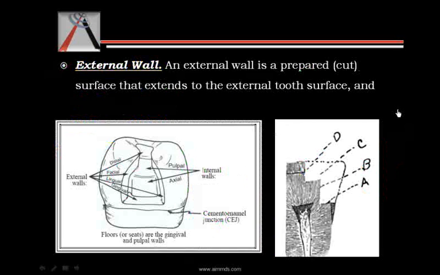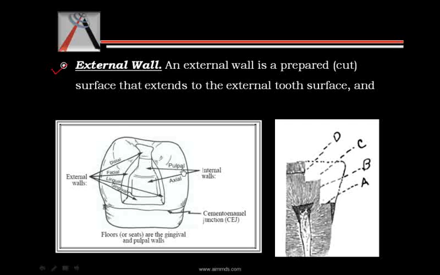Now we have seen the two types of the internal wall, that is the axial wall and the pulpal wall. Next we come on to the external wall. The external wall is a prepared or a cut surface that extends to the external of the tooth surface, as we have already seen over here. So now these external walls will be named according to the side on which they are present.